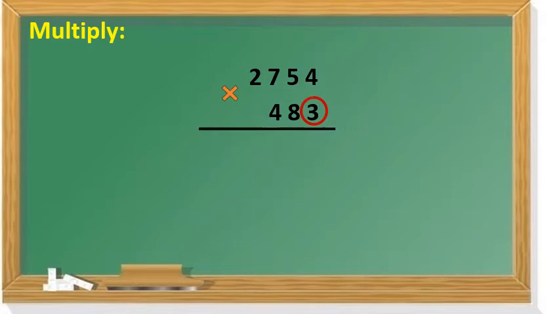Now remember this. 3 4s are 12. 2 here, carried over 1. 5 3s are 15 plus 1, 16. 6 I will write here. 1 carried over. 7 3s are 21 plus 1, 22. So 2 here, 2 up. Then 3 2s are 6 plus 2 is 8. Correct? Now the work of 3 is over.